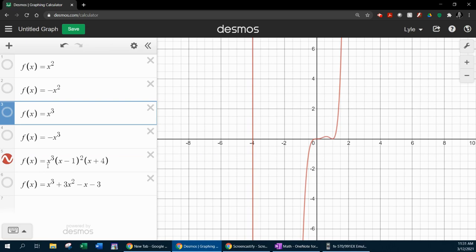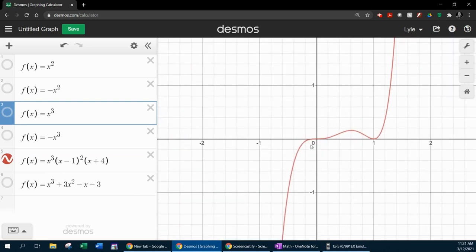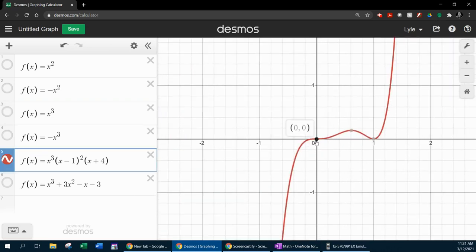So if I go to the x-intercept of 0 and zoom in there, you're going to see that at that x-intercept, the graph comes up, it touches, and then it crosses over. So if you have an odd multiplicity, remember the multiplicity corresponds to the exponent of the factor, that indicates the graph will touch and cross. It's going to go from being on the negative y values, cross, and then be in the positive y values.